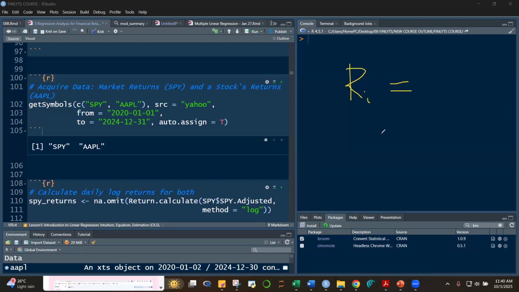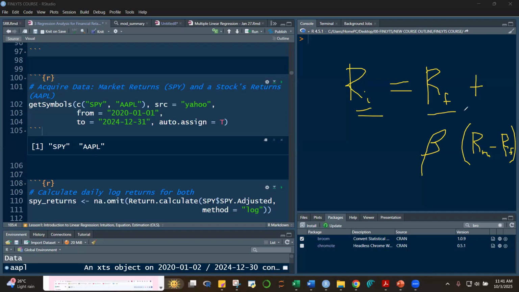So we're taking a look at the return of your asset, and it's equal to your risk-free rate plus what? You have your beta there, and then multiplied that by what? Return of the market minus the risk-free rate. So how do you determine the return of the asset?